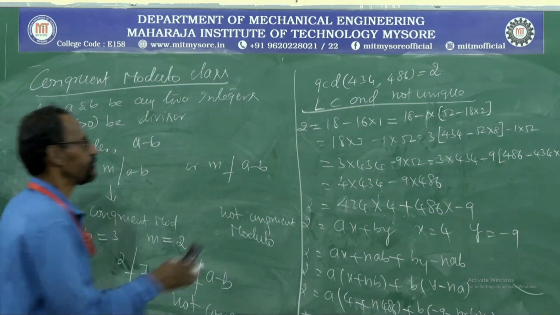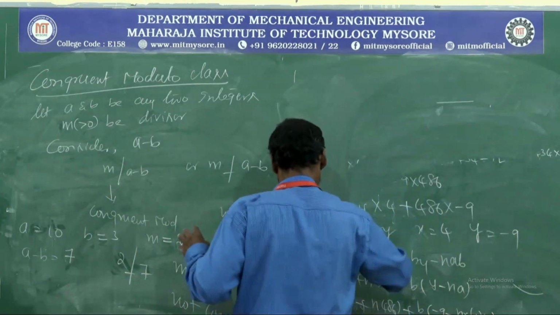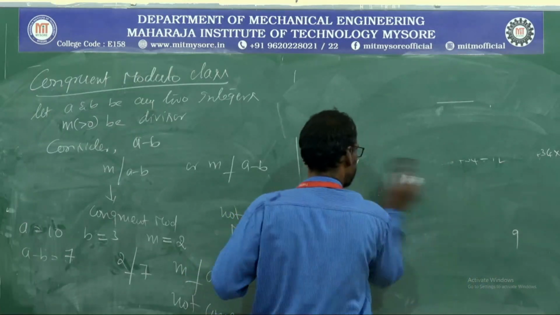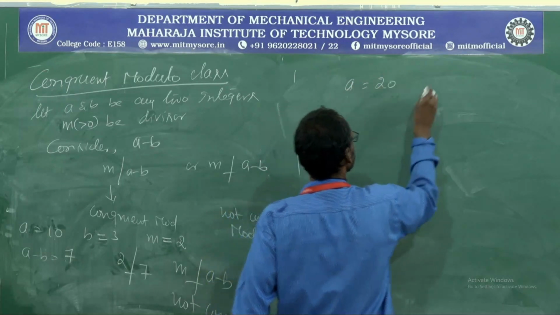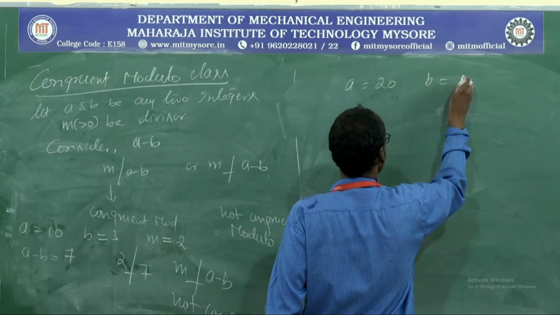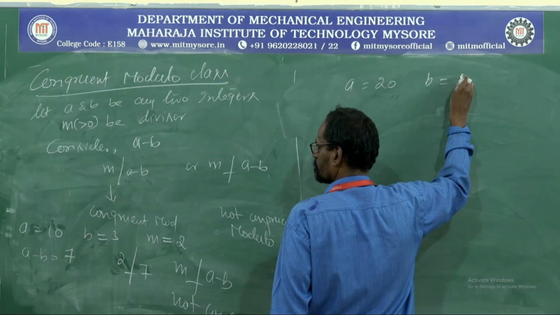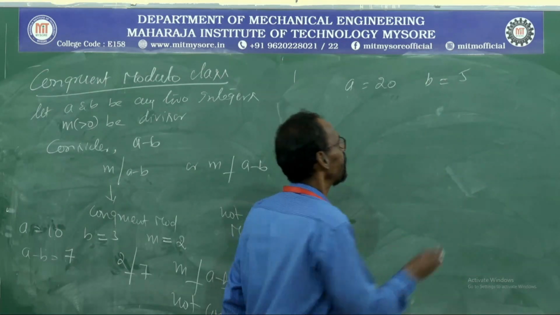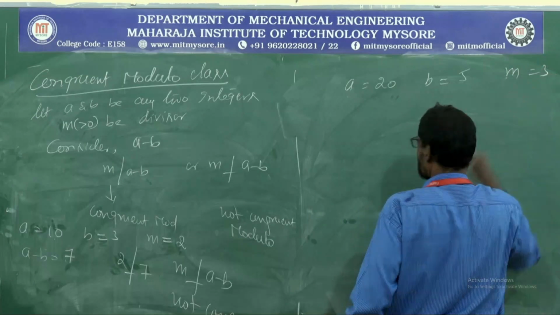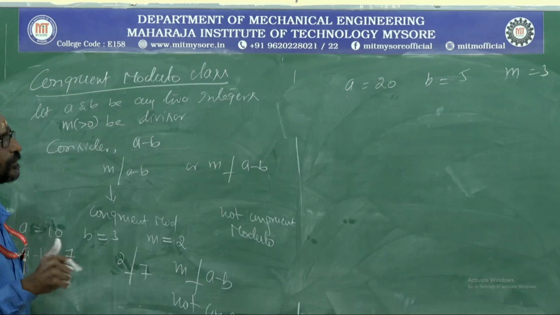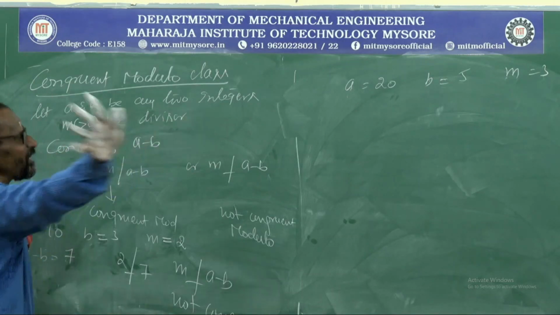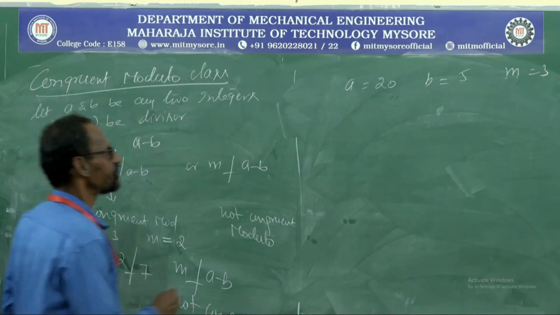I will take one more example. You consider A equal to 20 and B equal to 5. Take M equal to 3. See, the process is the same. Logic is the same. Take 3 numbers: A, B, M. What is M? Divisor. Keep it aside first. What is the process?